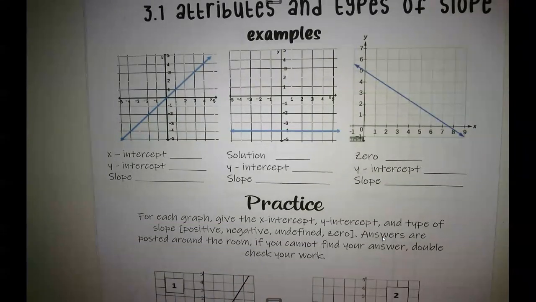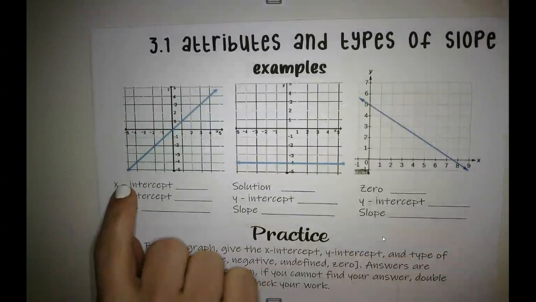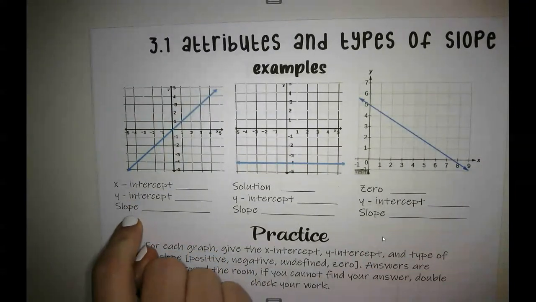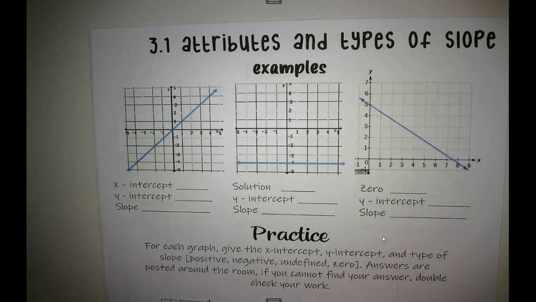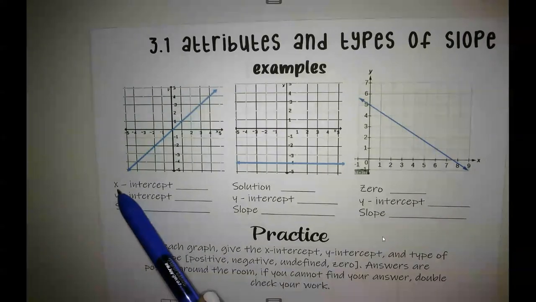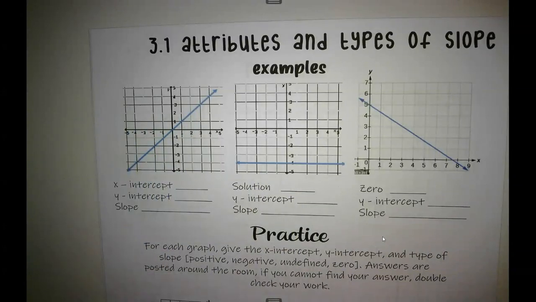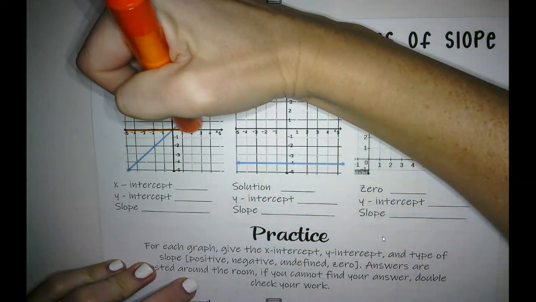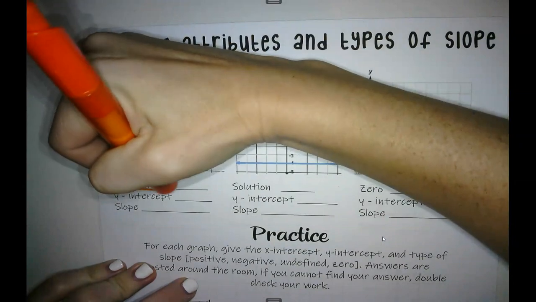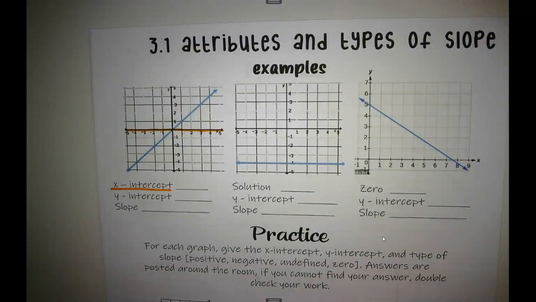All right, looking at some examples, all we're going to be doing right now is finding our x and y intercepts, and then which of the 4 types of slope we have. So when I'm looking at finding my x-intercept, I'm looking at the x-axis.